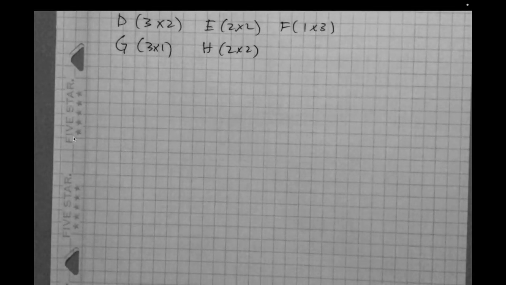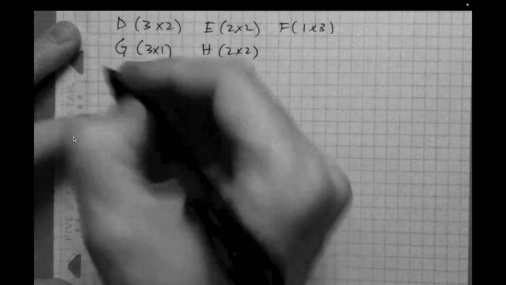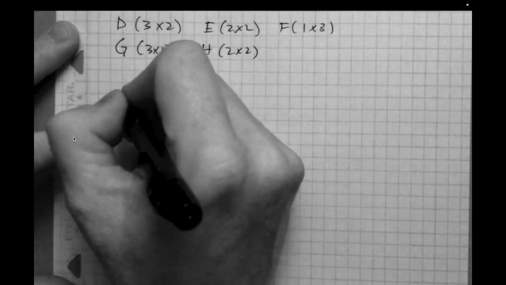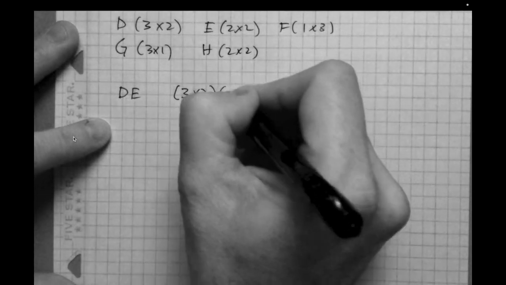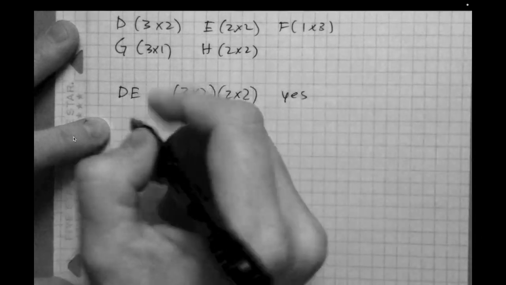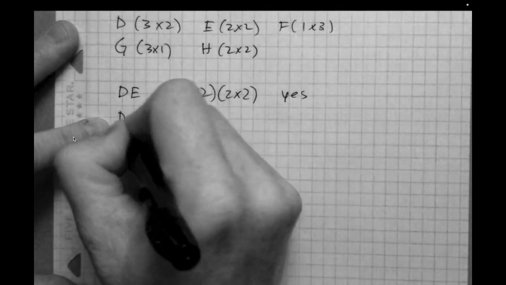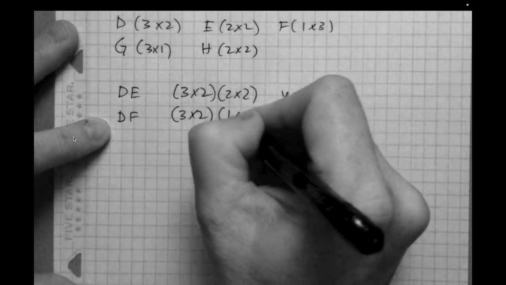Okay, so I've got the matrices written out there. Now, which of these can I actually multiply together? Well, let's start with D. Can we multiply D and E? So D times E would be a 3 by 2 multiplied with a 2 by 2. Yes. What about D and F? That's a 3 by 2 trying to multiply against a 1 by 3.